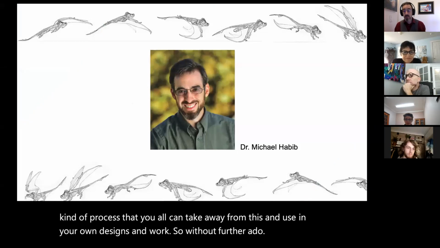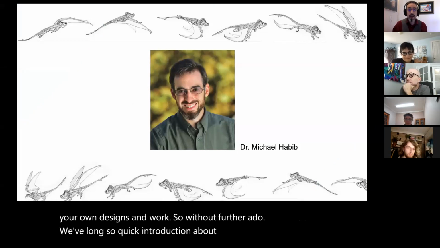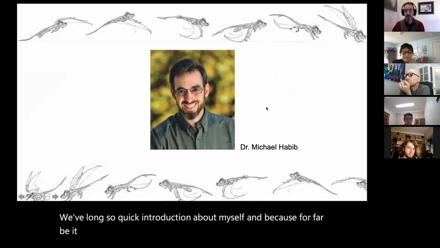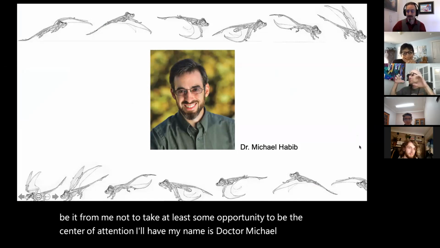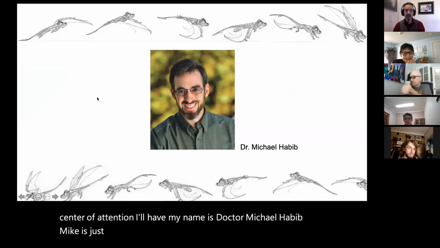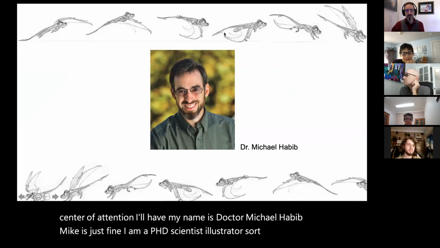A quick introduction about myself, because far be it from me not to take at least some opportunity to be the center of attention. My name is Dr. Michael Habib. Mike is just fine. I am a PhD scientist, illustrator, sort of combination, as it were.